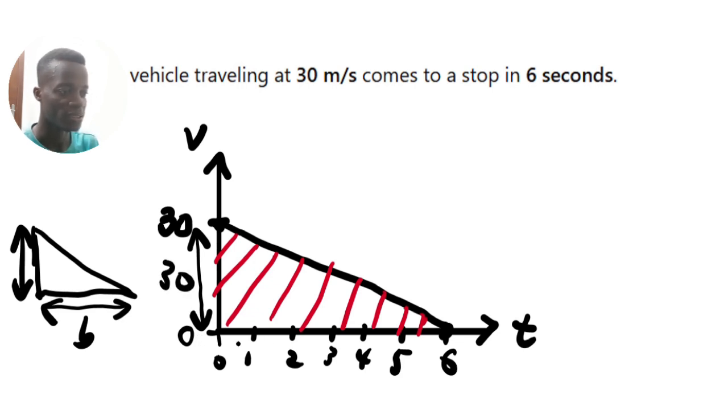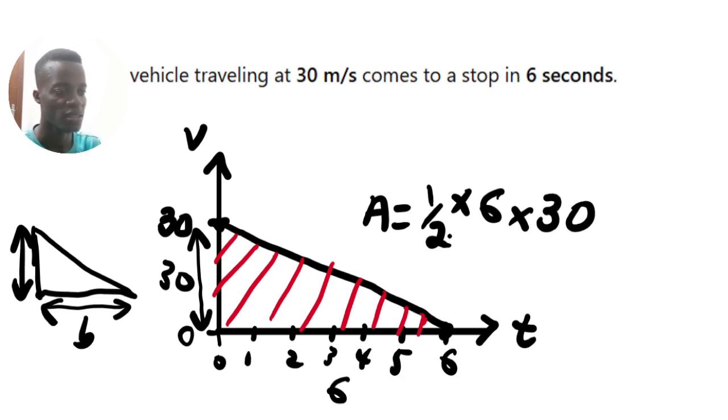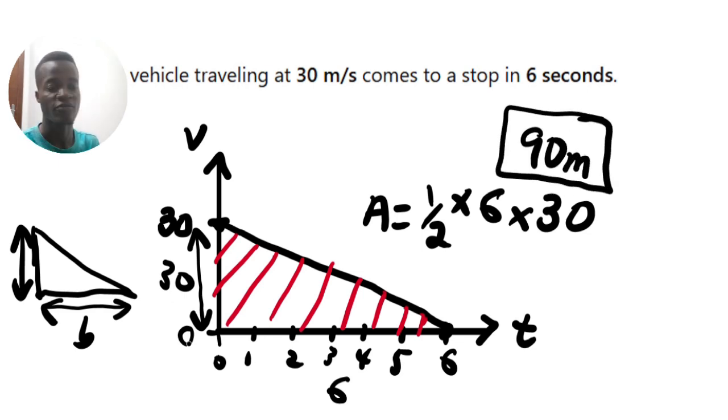So the height is 30 and the base is 6 minus 0, which is 6. So the area will be equal to half times the base, 6, times the height, 30. Half times this is going to be 3 times 30, so you're going to have 90 meters. This is the total distance for this particular graph. Basically, that is the triangle.